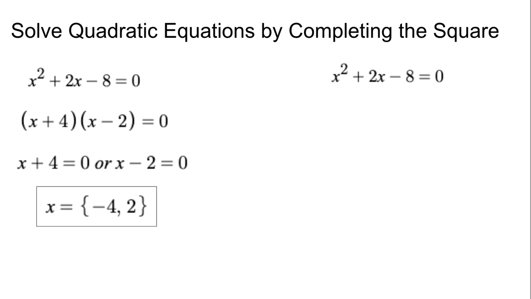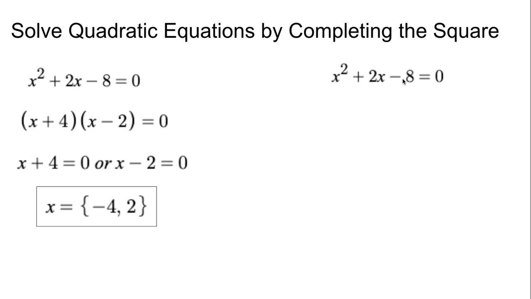So over here, I'll take that same equation, and if we look at this middle term, we know that if we split that in half, we're going to have 1x. And if I square that 1, I get 1. So my perfect square is going to be x squared plus 2x plus 1.